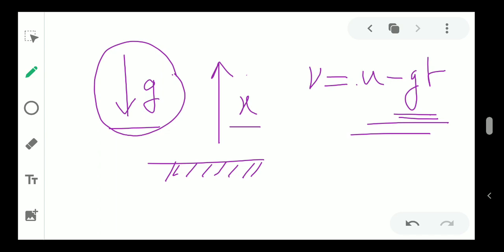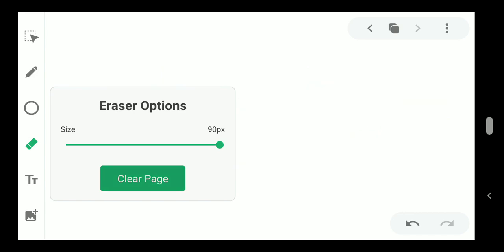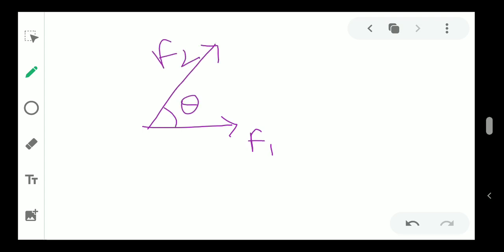So these things are there for today, and the day after, like tomorrow, we will start the superposition theorem. That is, if you have two vectors, let's say force, because force is a simple thing to understand with. So let's say f1 and f2 both are being applied with theta angle.